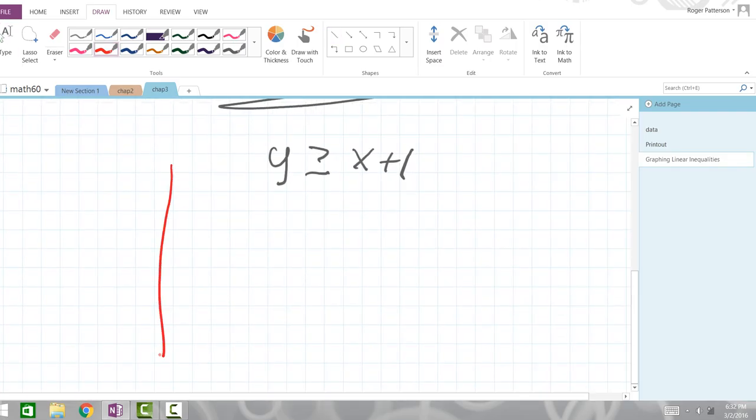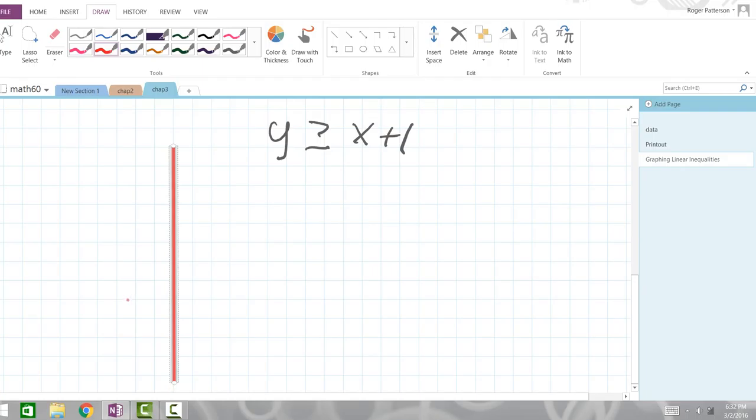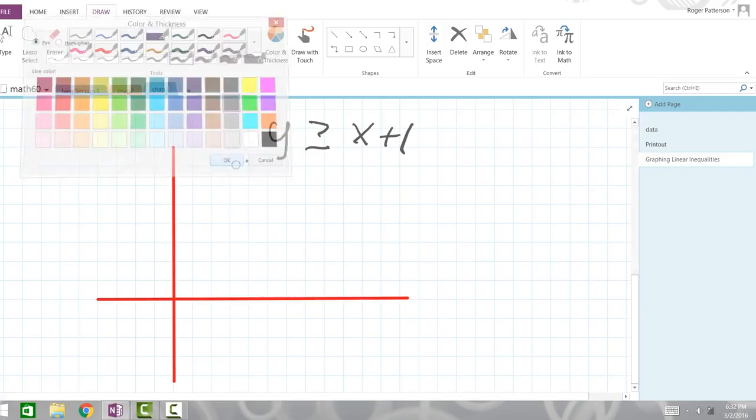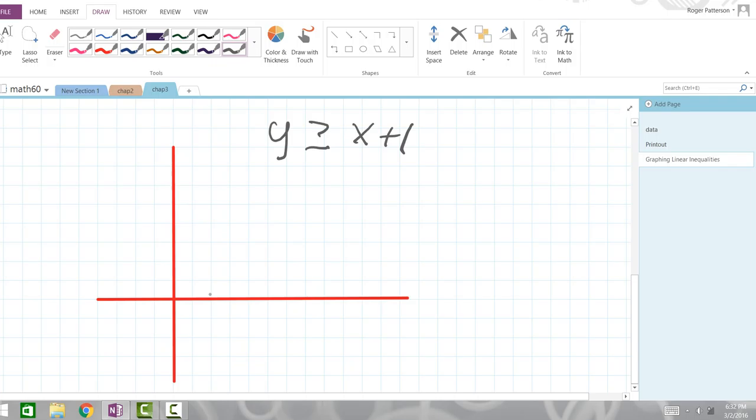I know it's probably hard for you to see, but there's a little grid here. So we're going to graph y is greater than or equal to x plus 1.